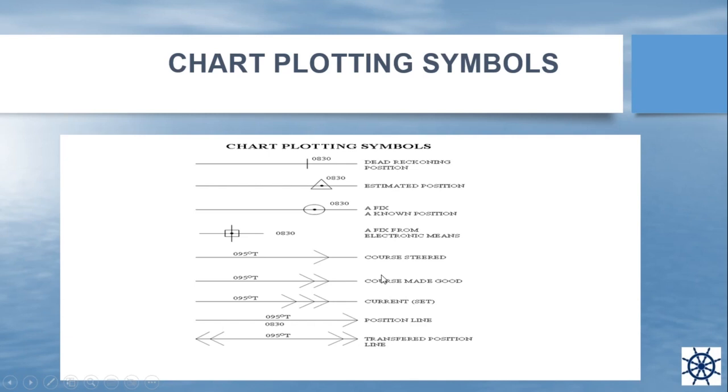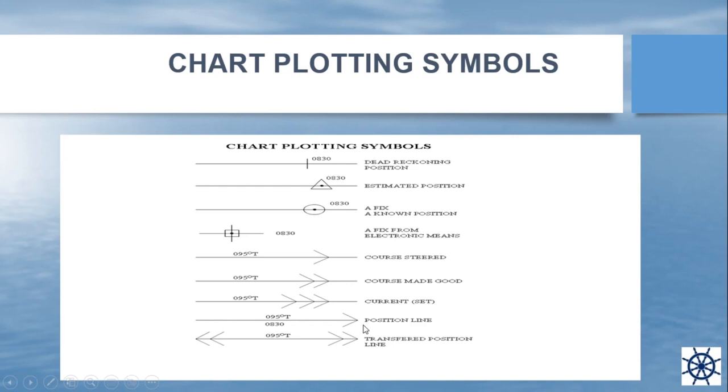Okay, moving on. Course steered. When we use course steered, this symbol must be used. For a line with a course made good, you will have two arrows. When the current, or set, or the direction of the set is being used in a chart, the symbol of three arrows will be used.